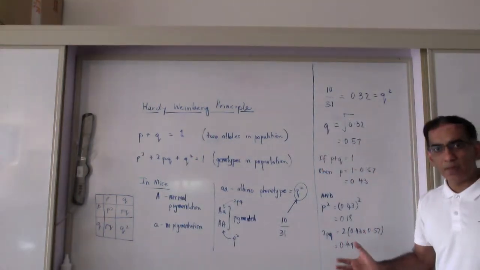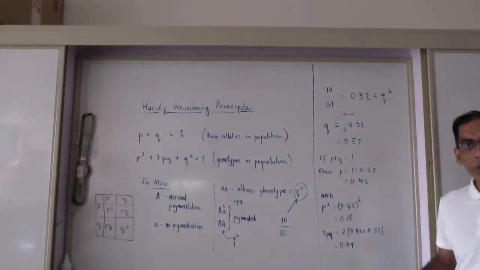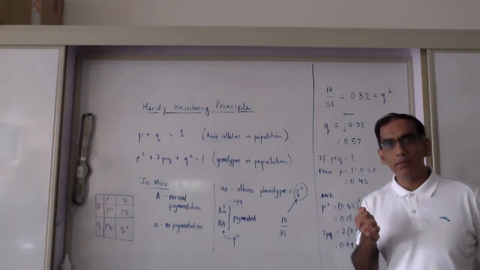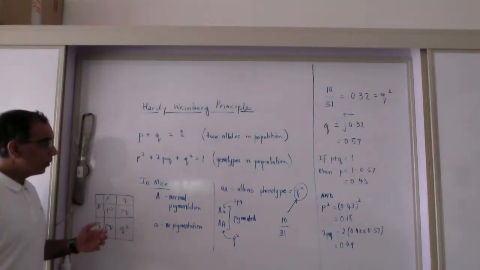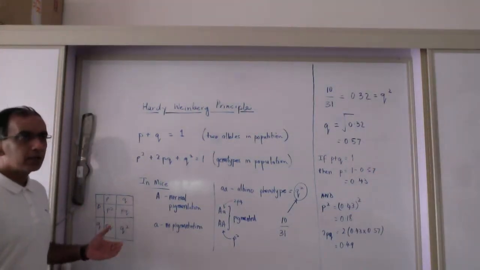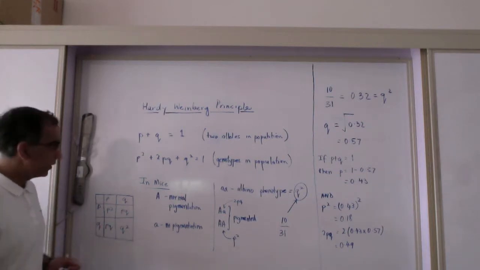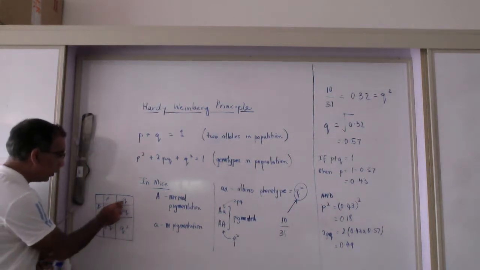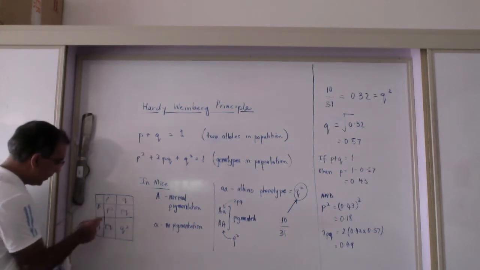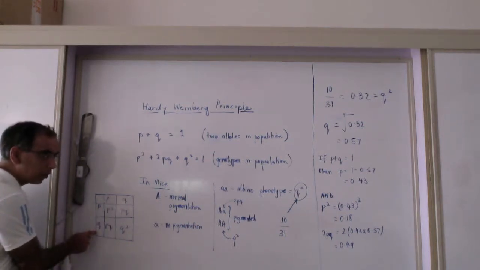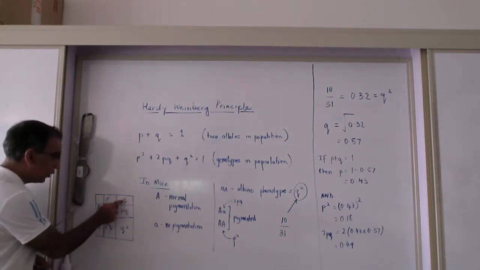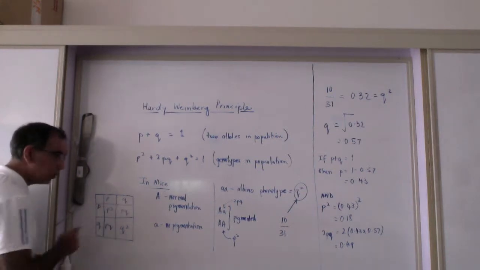An important aspect of the Hardy-Weinberg equation is the need for random mating. And what we say is that when 2 alleles are brought together in random fertilization, the probability of a q or a recessive meeting another q or a recessive is q times q, q squared.